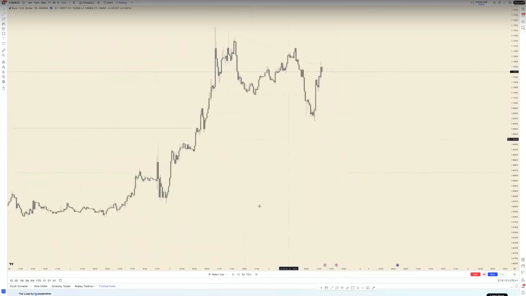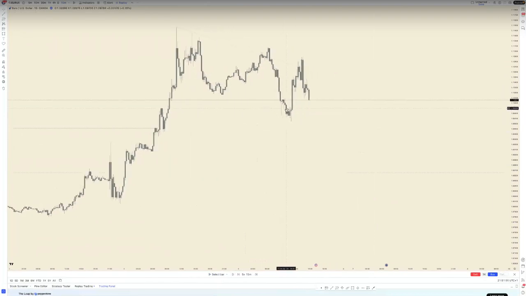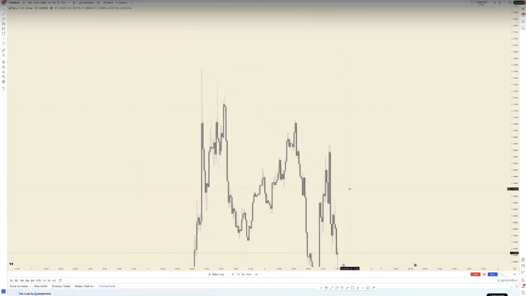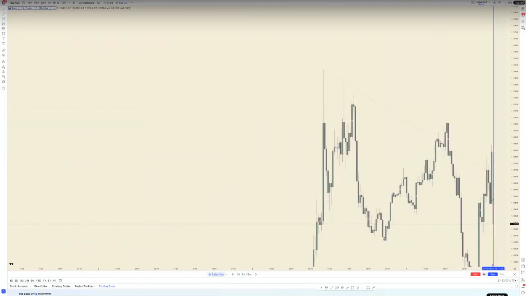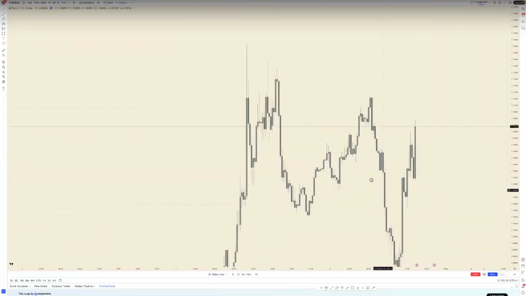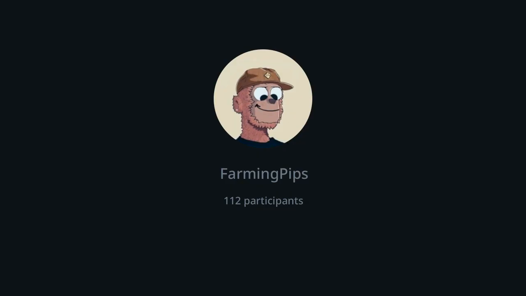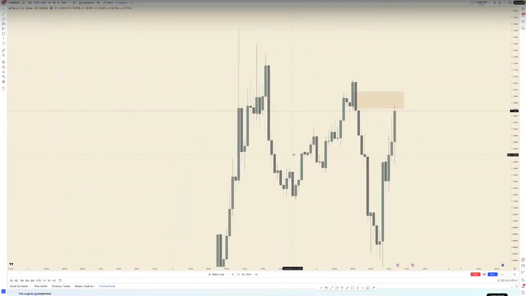You can clearly see this. So the only reason why I got to take this trade was, one, G and E well correlated.